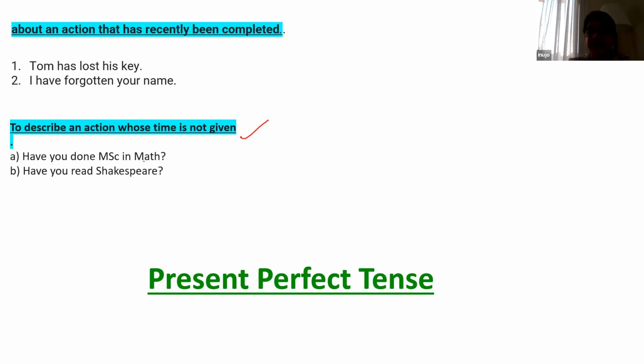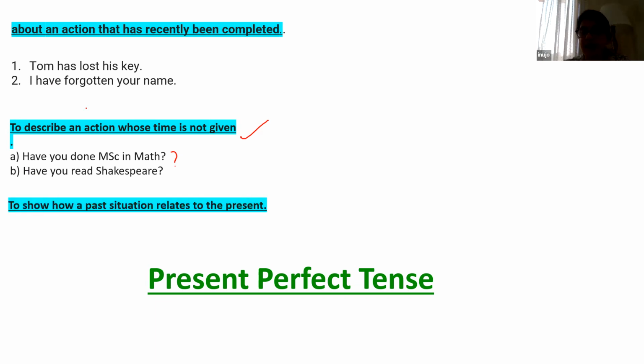So it's a question, it's an interrogative statement again. Have you read Shakespeare? Or have you finished your homework? So wherever there is an action whose time is not given, there again you can use present perfect tense. These are basically in your question sentences, meaning interrogative statements. All right.